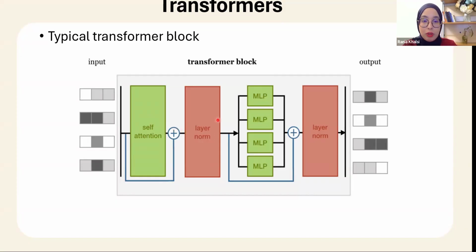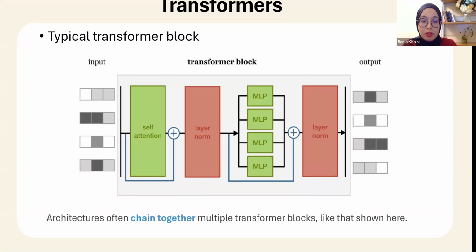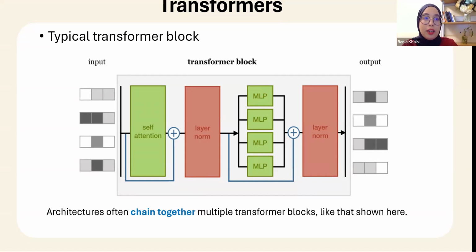After normalization, we find the MLP. So we apply a feed-forward neural network, and this allows the model to transform the representation further. Again, as I mentioned, you can use as many blocks as you want. The architectures often chain together multiple transformer blocks like we see here. We can see different designs, but mainly these are the blocks.